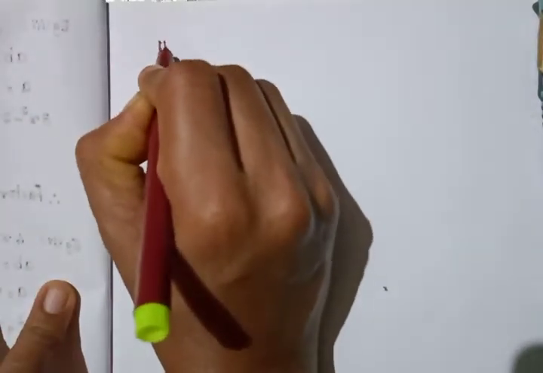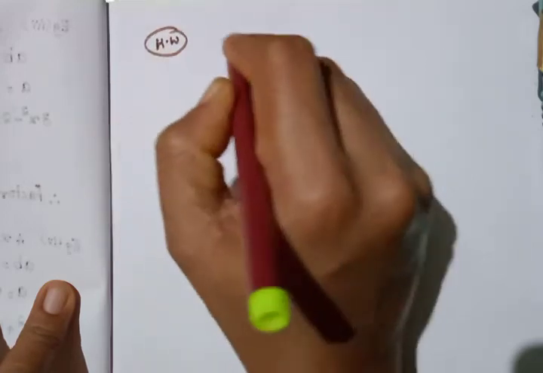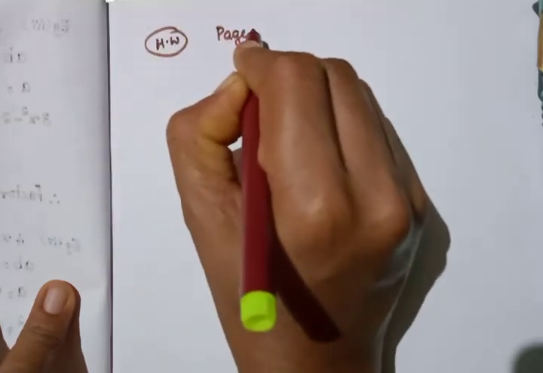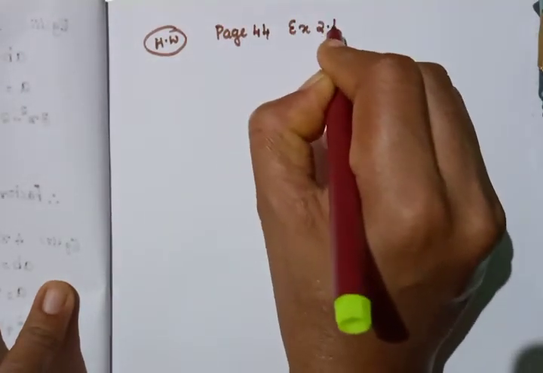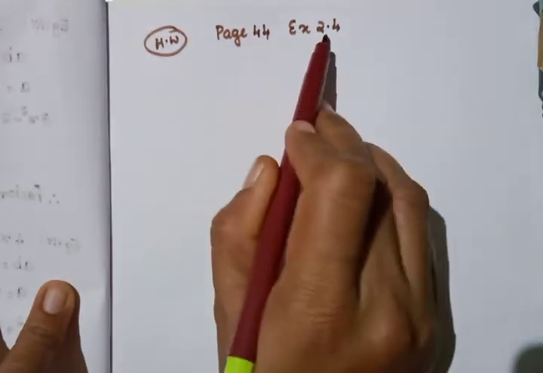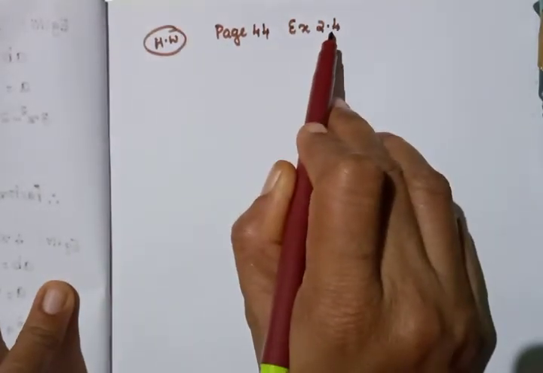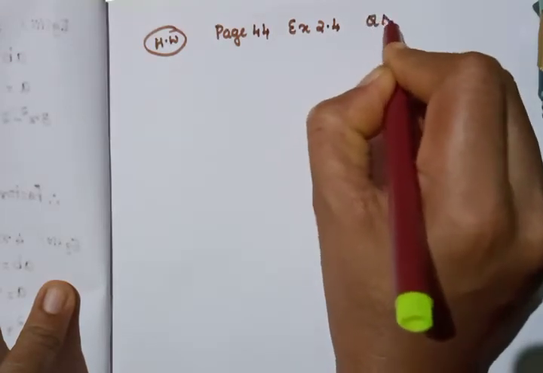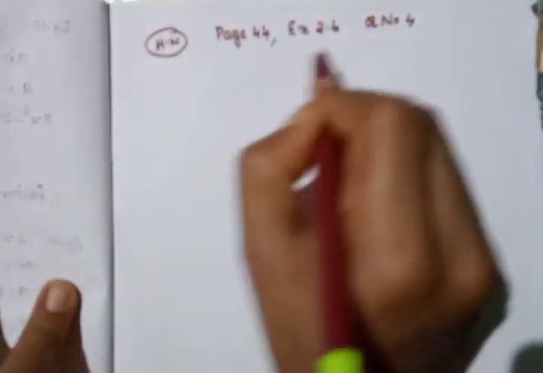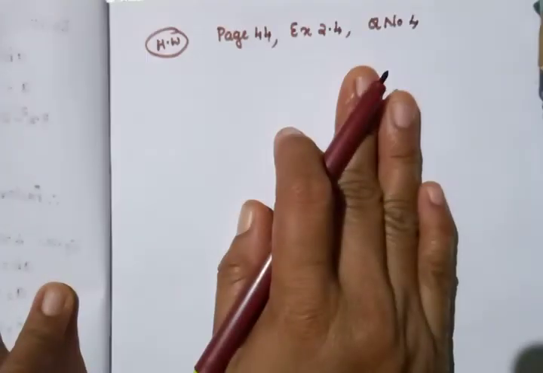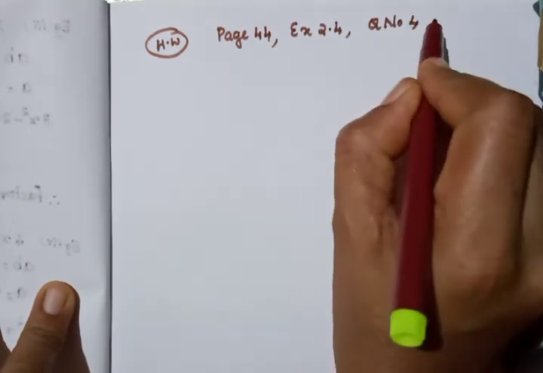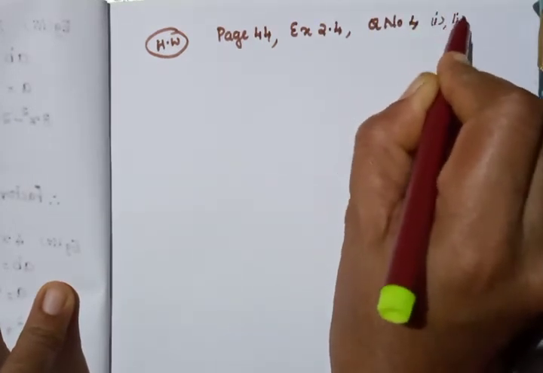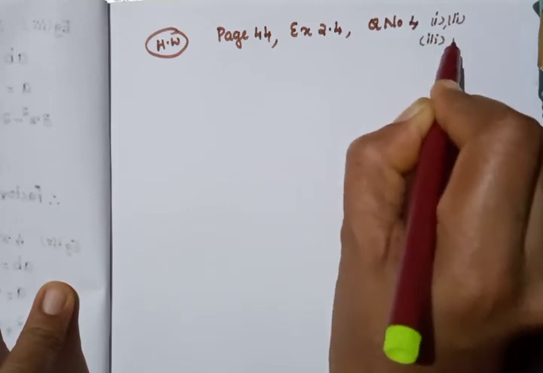Clear? Right. Now you have the homework, which is on page number 44, exercise 2.4. In exercise 2.4, question number 4, in which you have 4 sub questions, 1, 2, 3 and 4.